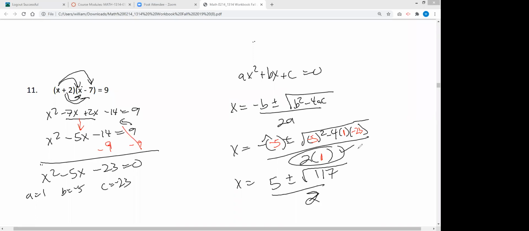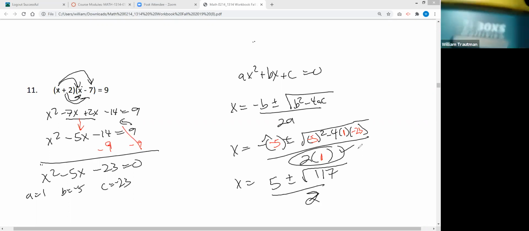Okay, good. You should be able to get that 117 just from the inside of the square root. I'm just typing the inside exactly as I see it. It's kind of hard to see unless you make my window bigger.